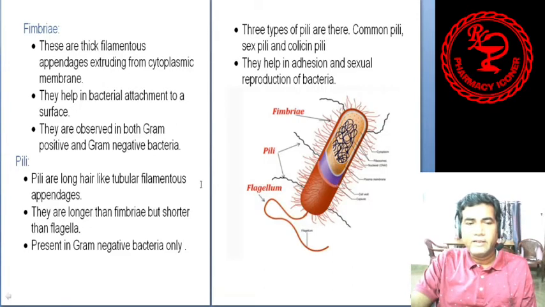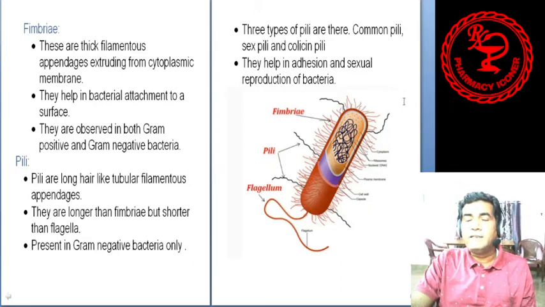Pili are other hair-like filamentous tubular appendages. These are the pili, and they are longer than fimbriae but shorter than flagella, and present in gram-negative bacteria only. There are three types of pili: sex pili, common pili, and polycene pili.